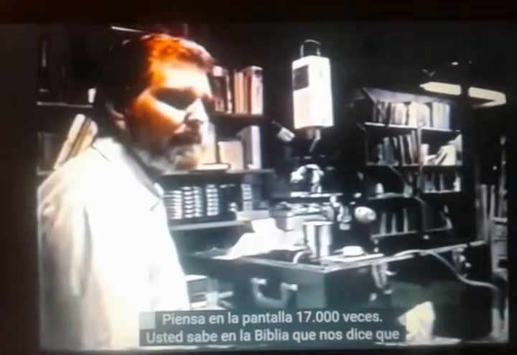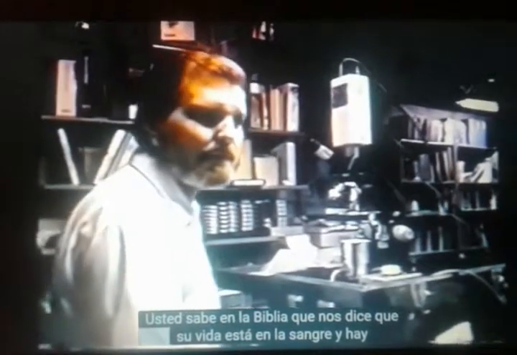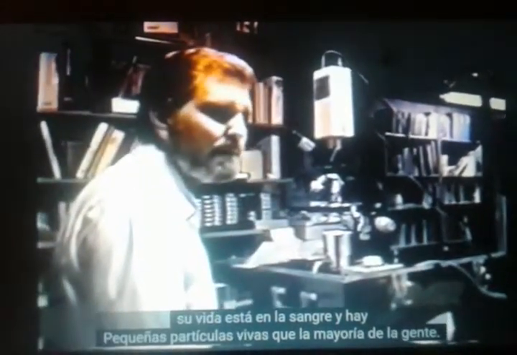You know, in the Bible it tells us that the life is in the blood, and there are little living particles that most people are unaware are there. Same thing we see in living blood. The scientist in Canada says that these things never die. The blood may dry up, but these things, he says, are indestructible, and he says they are the basis of life.